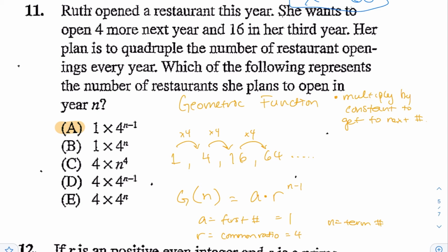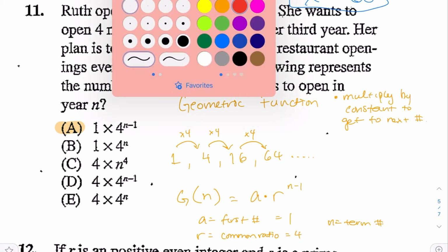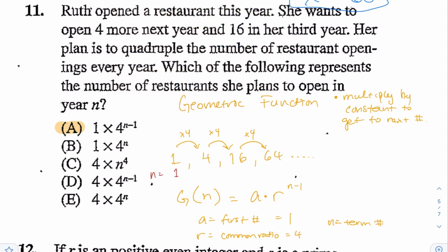Now you have to subtract 1 because to get to the second number, for example, you have to multiply by 4 just once. To get to the third number, you have to multiply 2 times. To get to the fourth number, you have to multiply 3 times. So again, your counting number jumps, you don't count the first number, which is why you have to subtract 1 for the exponent.